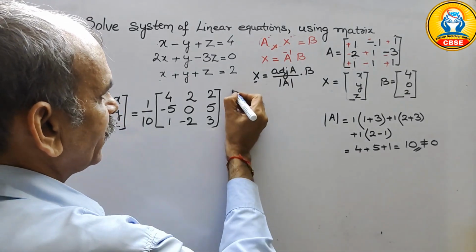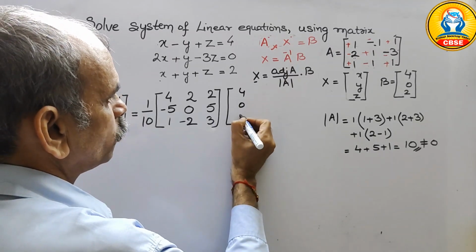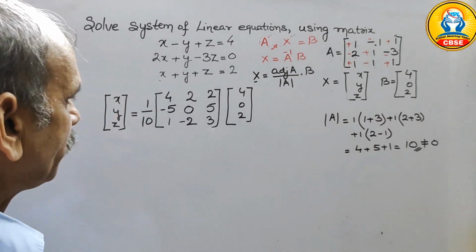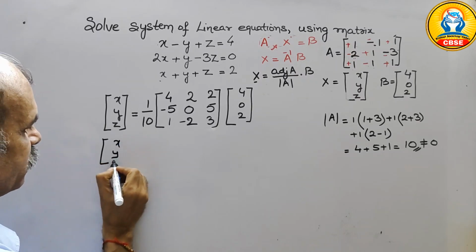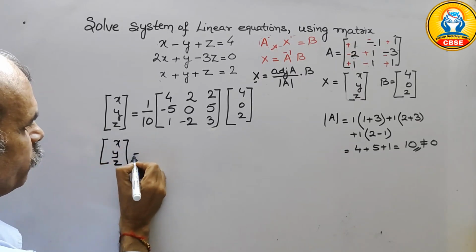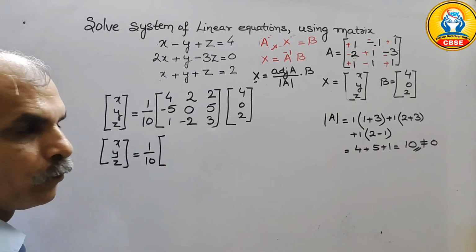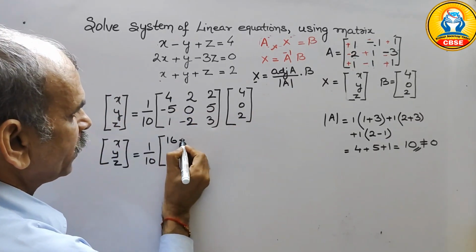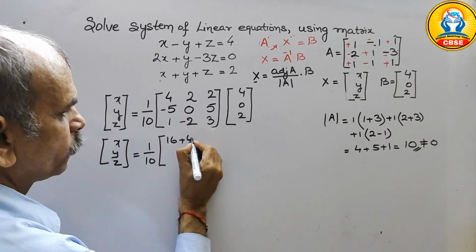Next we have to write here B. So B is 4, 0, 2. Now multiply it. If you multiply it, what will we get? This will be your x, y, z, and this will be 1 by 10. Now multiply. 4 into 4 is 16 plus 2 into 0 is 0, 2 into 2 is 4.